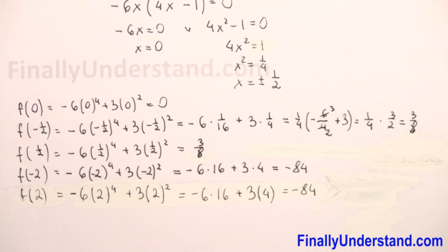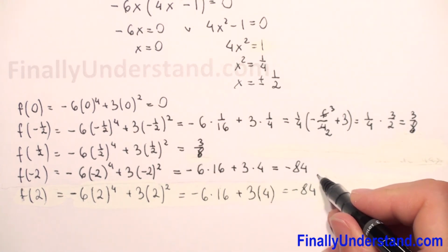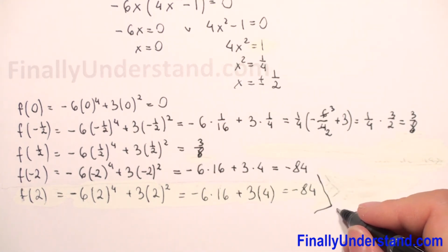Now we have to choose the smallest value and the largest value. The smallest is negative 84, for negative 2 and 2. So this is our absolute minimum.